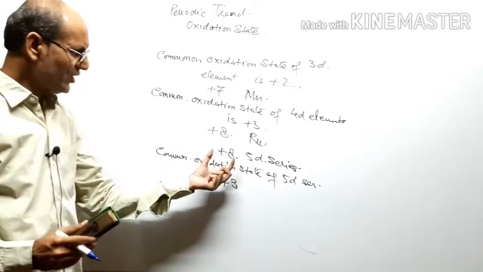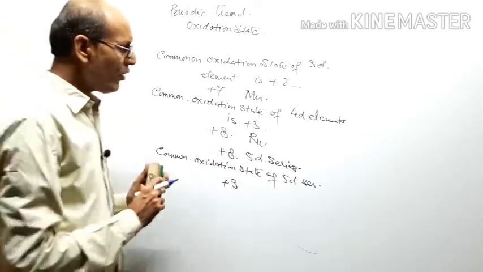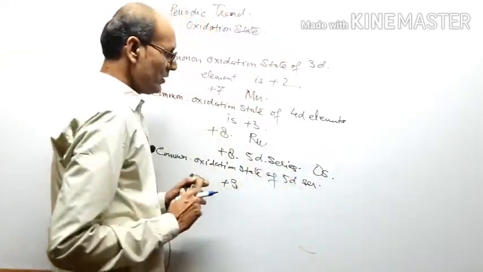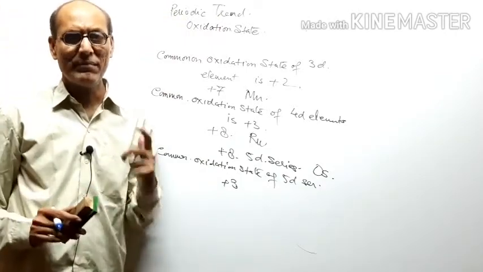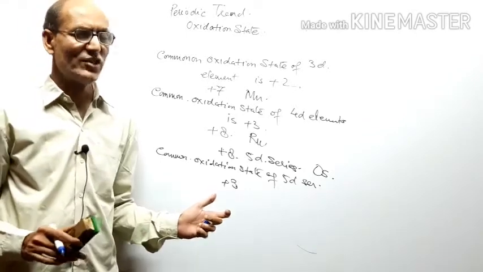The highest oxidation state of the 5d series is +8, which is shown by osmium. In the middle of the series, the number of unpaired electrons is maximum. That's why they show a large number of oxidation states.